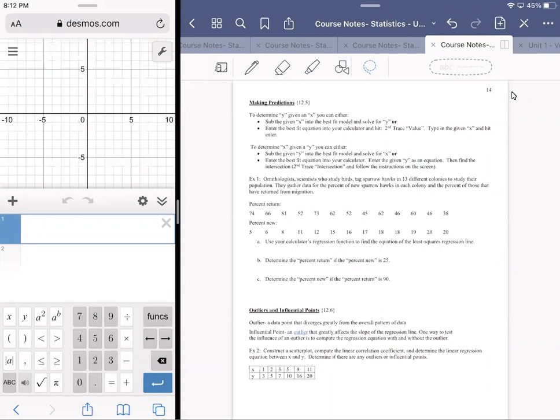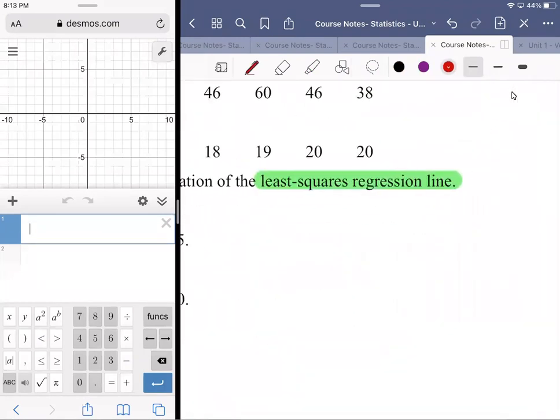So we're going to use the regression function to find what's called the least squares regression line, also known as the line of best fit. This is the line that best fits the data. I have to zoom in, so I apologize. So LSRL, least squares regression line, line of best fit.